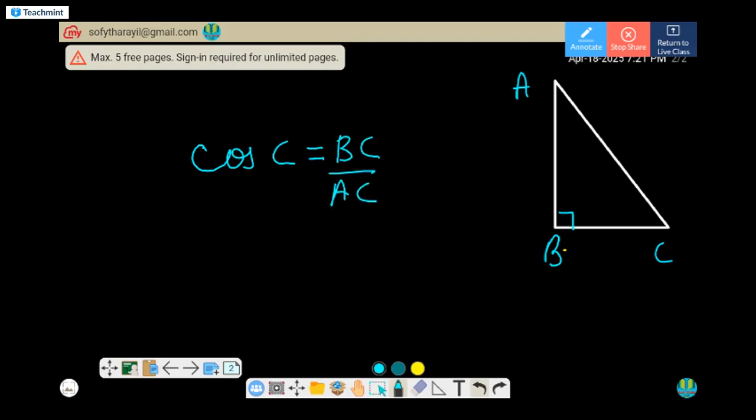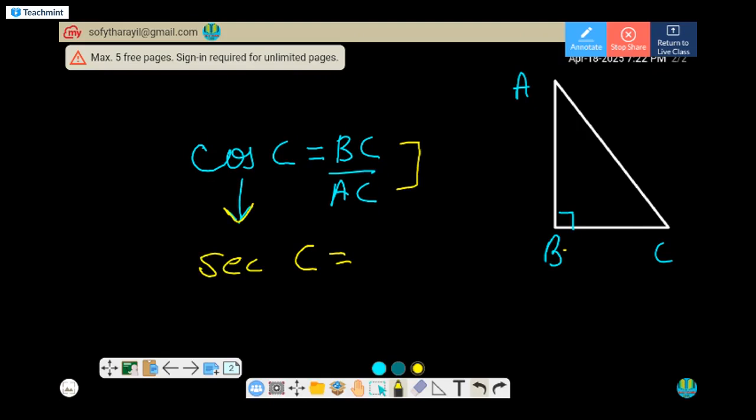So from cos, which value can you get? Yes, Anushka. We can get sec. Correct. Sec C. So what will be the value for that? AC upon BC. Correct. AC upon BC.